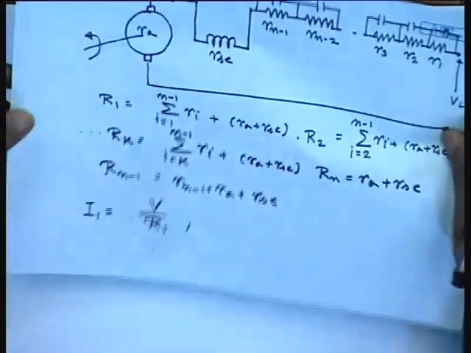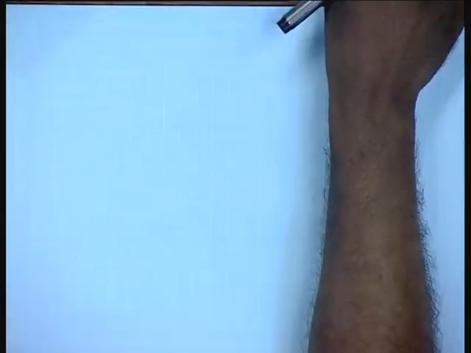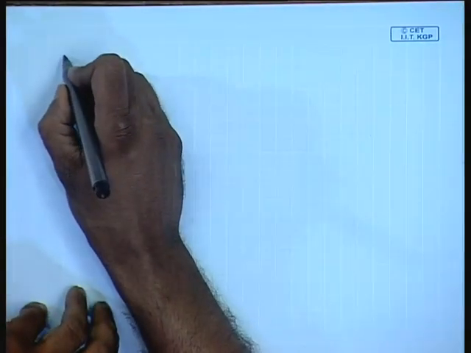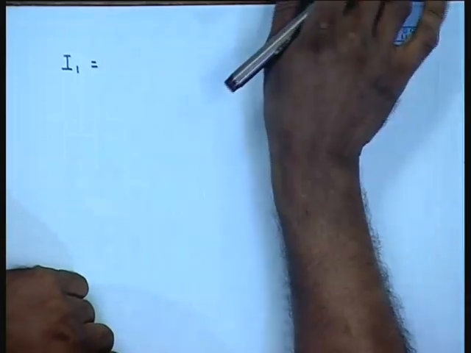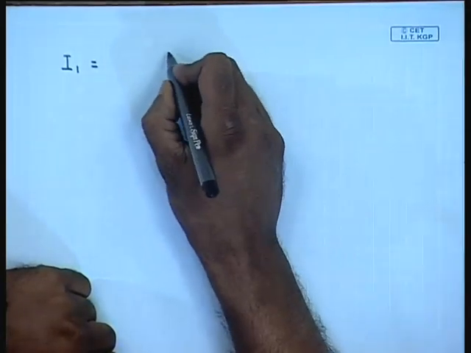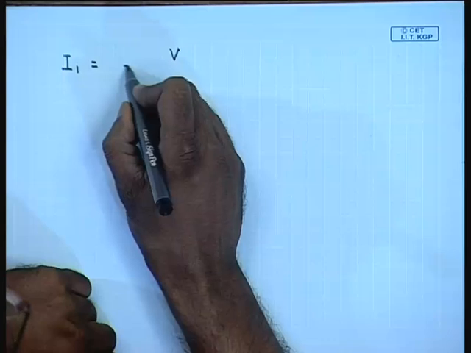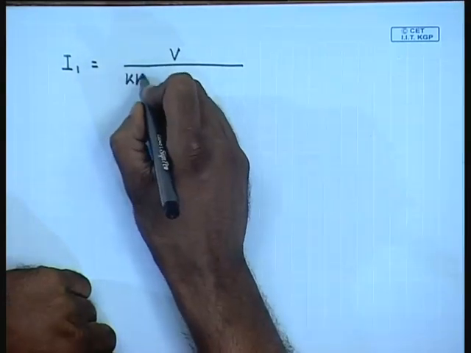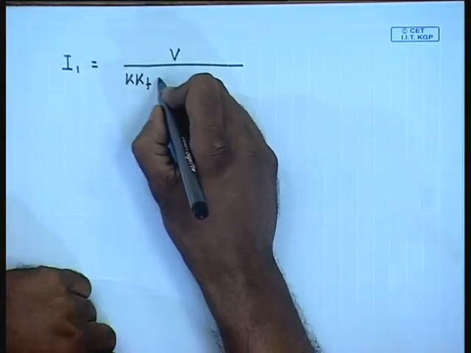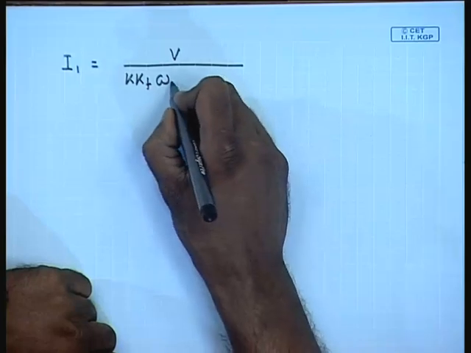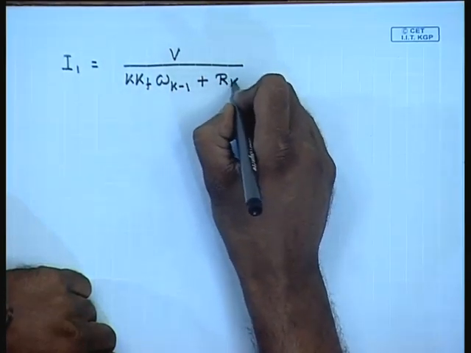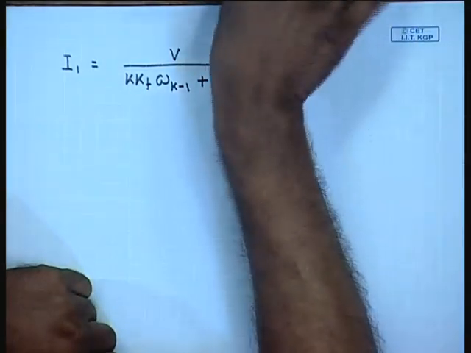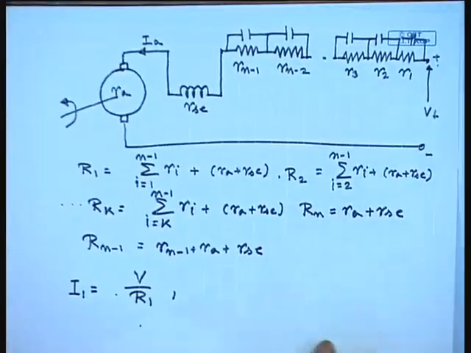In fact, for any resistance section k, we can write I1 equal to V divided by Kf omega k minus 1 plus Rk, where Rk is given by this expression.